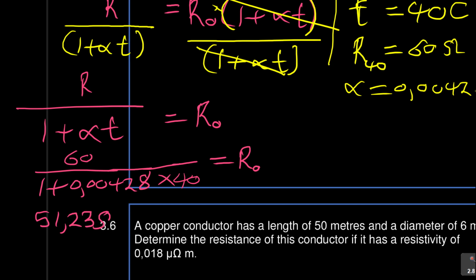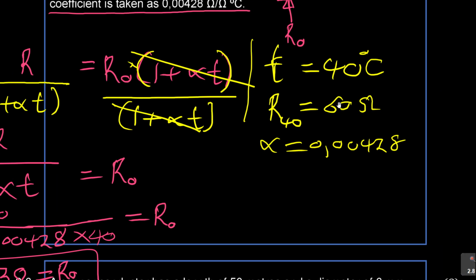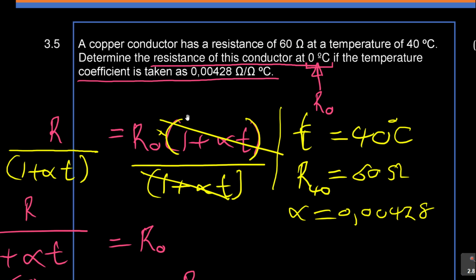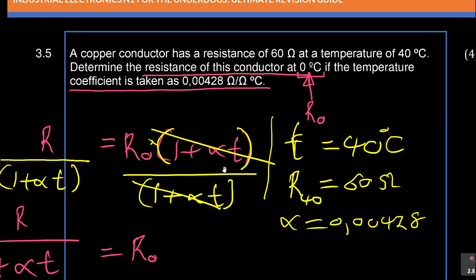Remember, it's in ohms. This becomes my initial resistance. So that's the answer there. You can see it is smaller than the one at 40 degrees, which was 60 ohms. Are you seeing that?